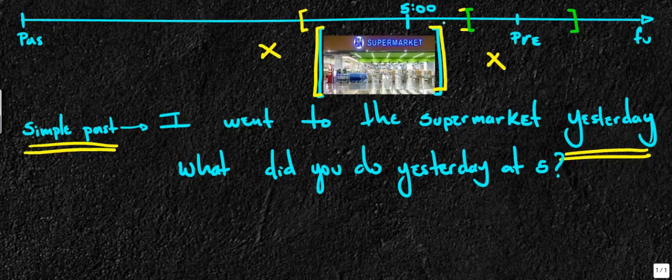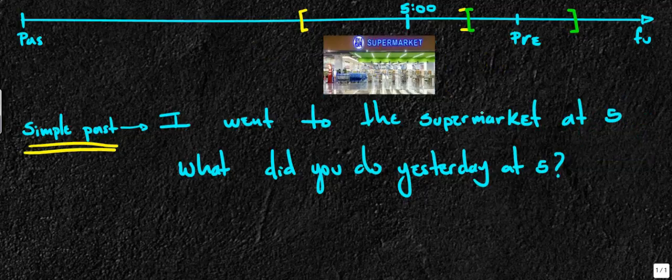Now, if you answer, I went to the supermarket yesterday at 5, or I went to the supermarket at 5, your sentence would be incorrect. Because if you say, I went to the supermarket at 5, you are telling me that before 5, you were not at the supermarket. And after 5, you were not at the supermarket.